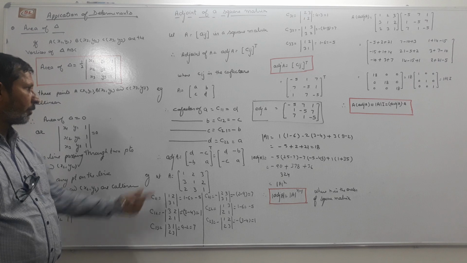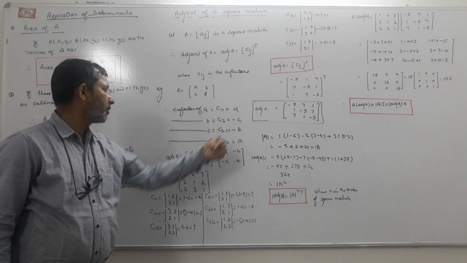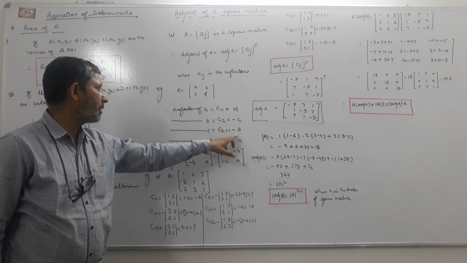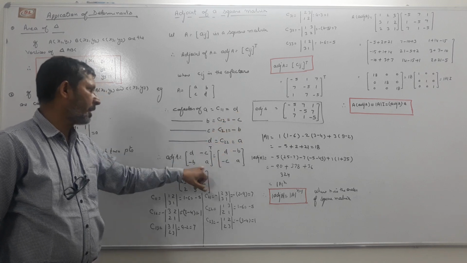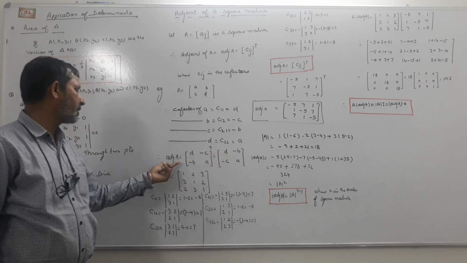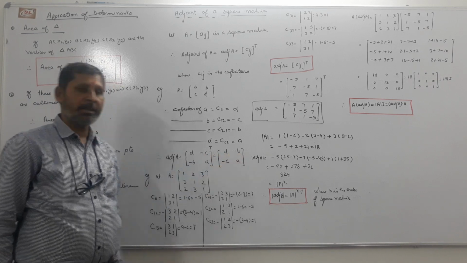These are the cofactors. Then what is the adjoint? First write the cofactor matrix: d, minus c, minus b, a. Now we write the transpose of this matrix. Therefore, the adjoint of A equals d, minus b, minus c, a.